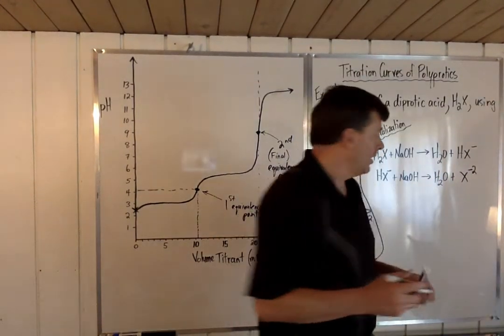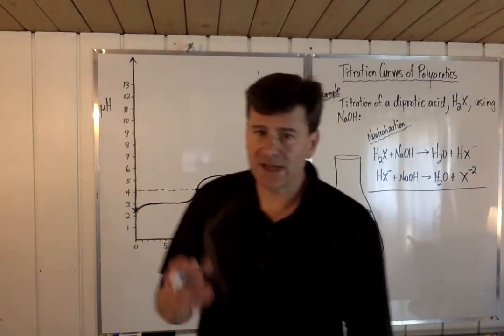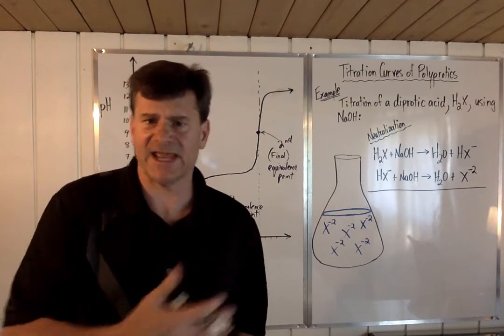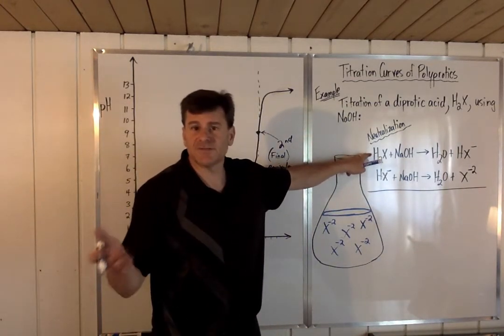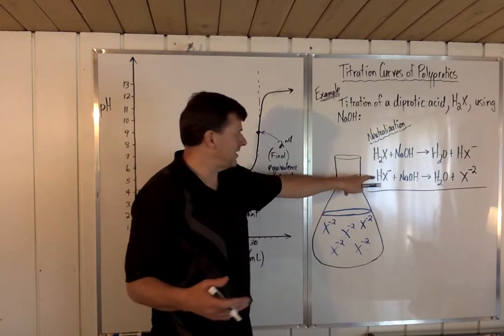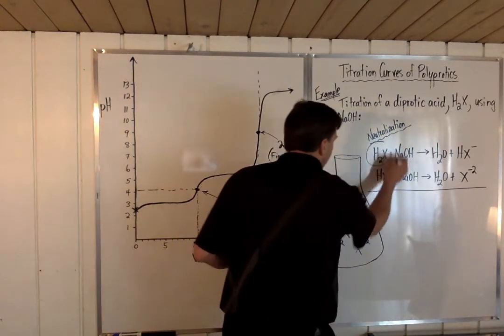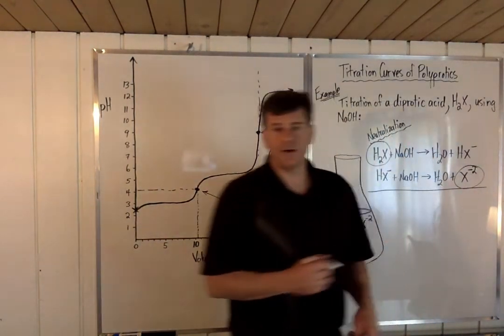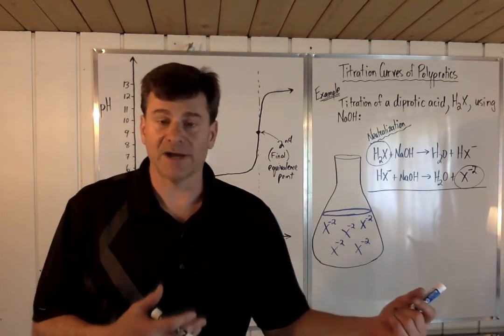Okay, so over here, the neutralization, notice how I demonstrated it in 2 very distinct steps. The first step was taking off all the H's from H2X. The second step was taking all the H's off the HX. We started with all of this, but we finished with all of that, and we weren't done the titration until it was all X minus 2.